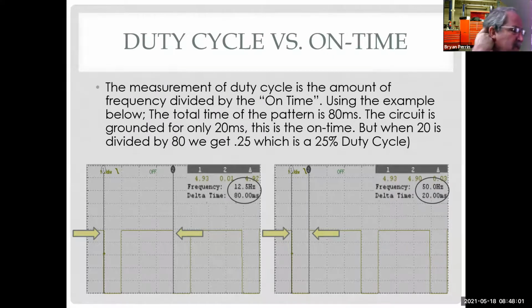Basically, because this is happening so fast, what it does is scale our applied voltage by the duty cycle. In this example, I have 25% duty cycle. If I apply 12 volts, I'm effectively going to see 3 volts at my actuator. 50% duty cycle, 6 volts. 75% duty cycle, 9 volts.